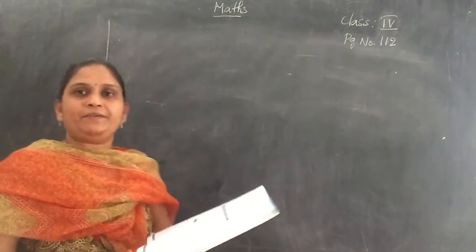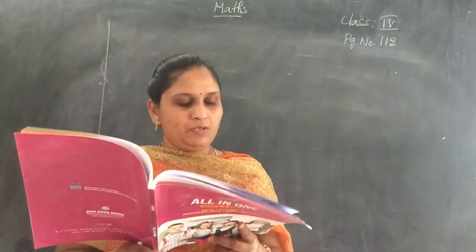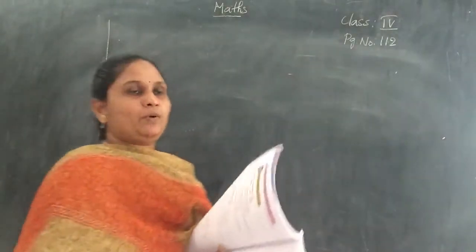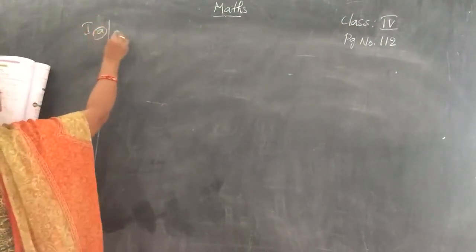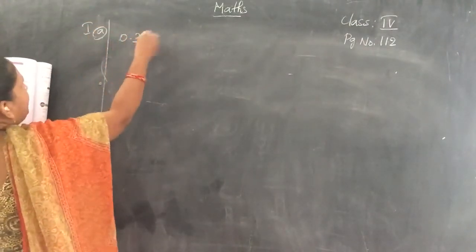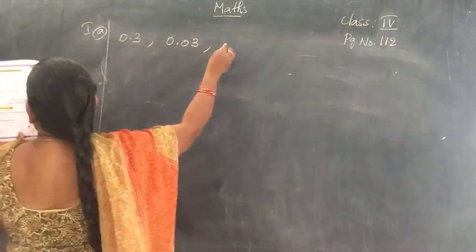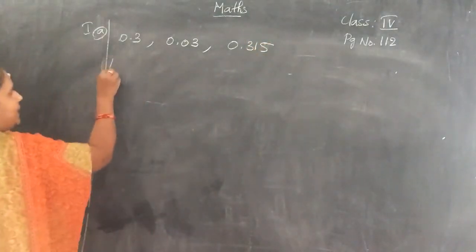Open your textbooks everyone, page number 112. The first section I am going to discuss with you now: change the sets of decimals into like decimals. The first one I am writing on the board. Look at the board. First, Roman A: 0.3, 0.03, 0.315.